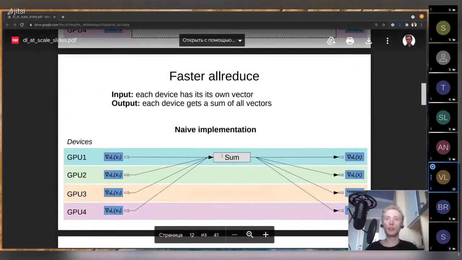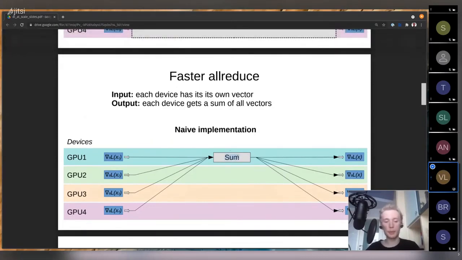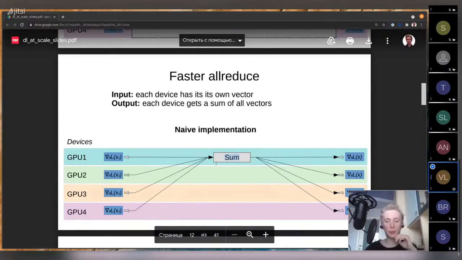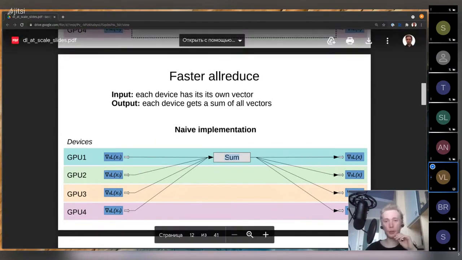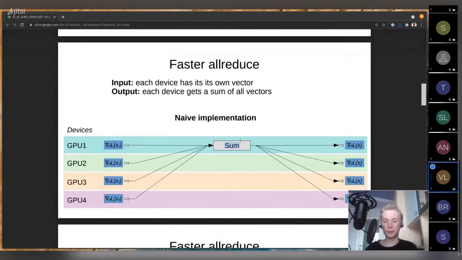So naively, what you can do is pick one of the GPUs to be the node that sums everything up. This is the same thing as we've seen previously, but the summer-upper is not a separate worker, it is one of our GPUs. But it doesn't give us a lot of advantage in terms of speed, right?